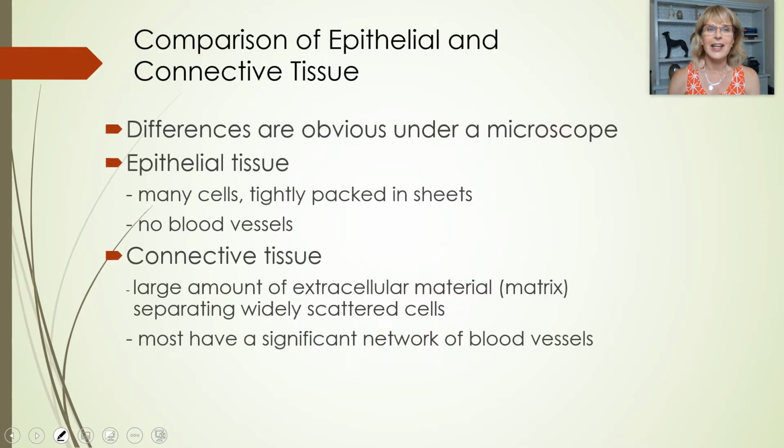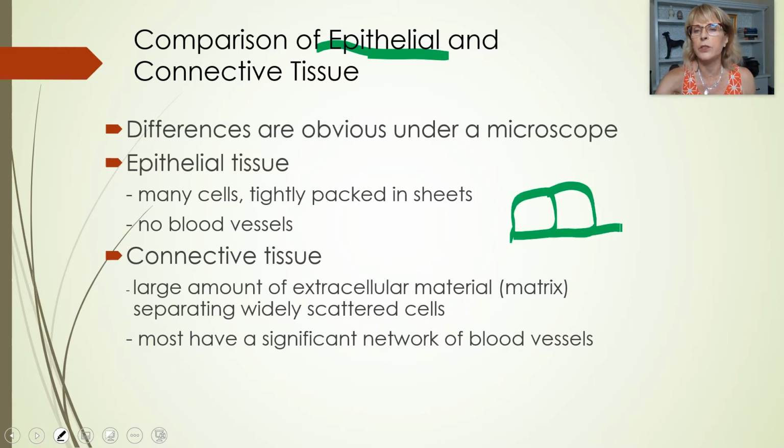All right, now let's move along and compare epithelial tissue to connective tissue, okay? So we know that in epithelial tissues, if I were to look down from the top, the cells completely touch each other. There's no room between them.